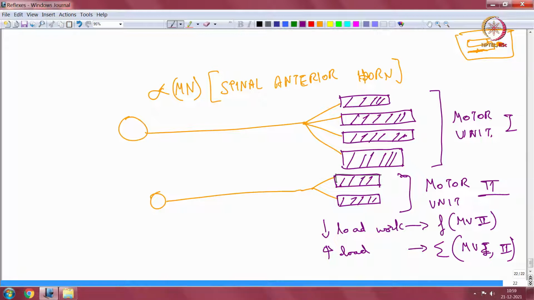Please do remember that these things are all hardwired at birth, literally, or during development, not even during birth, it may be much earlier. So, they are all hardwired, and this is a mechanism by which you can step up work based on load, based on perception, based on various kinds of input phenomena which are taken up by the nervous system.